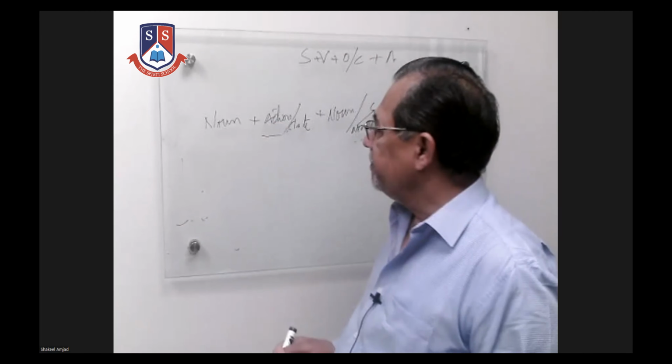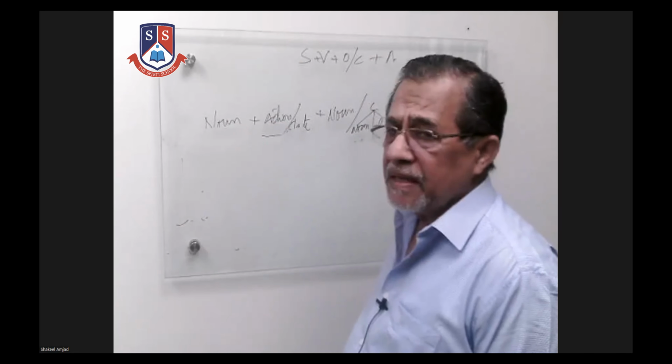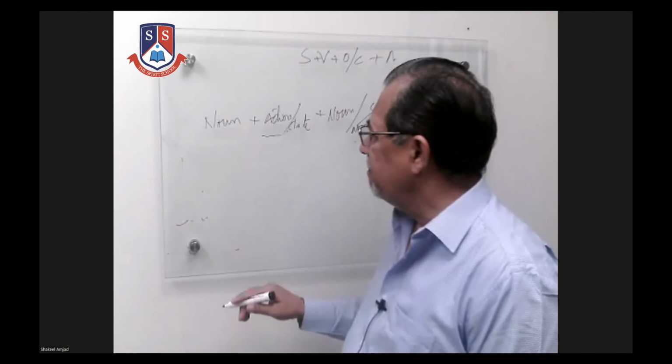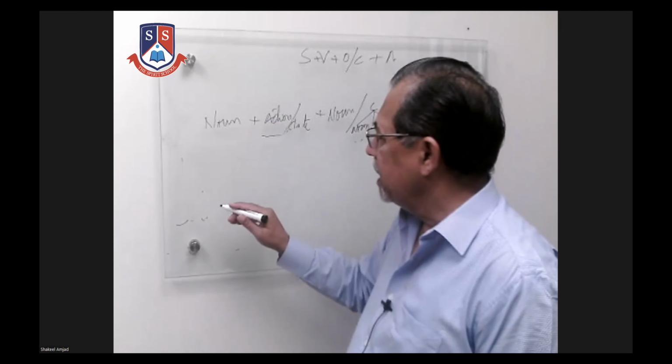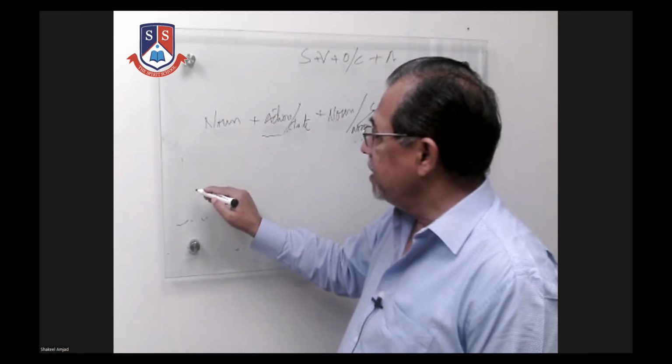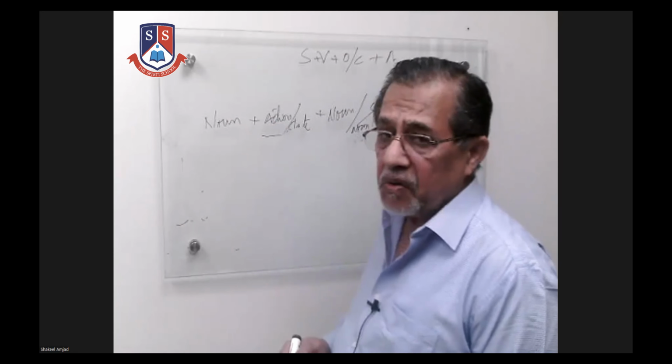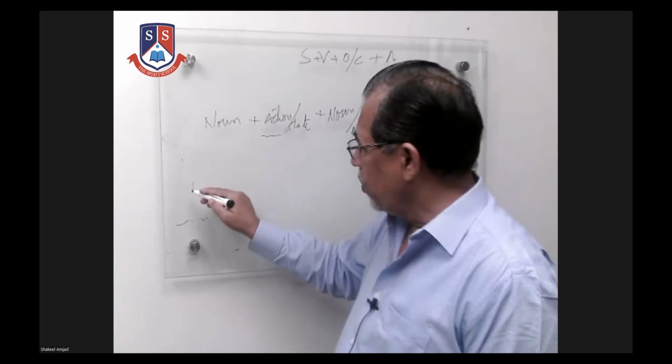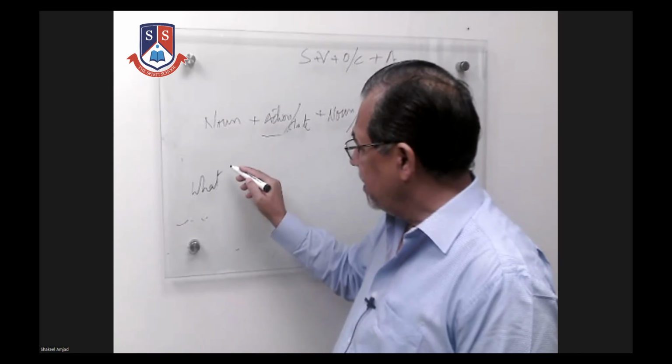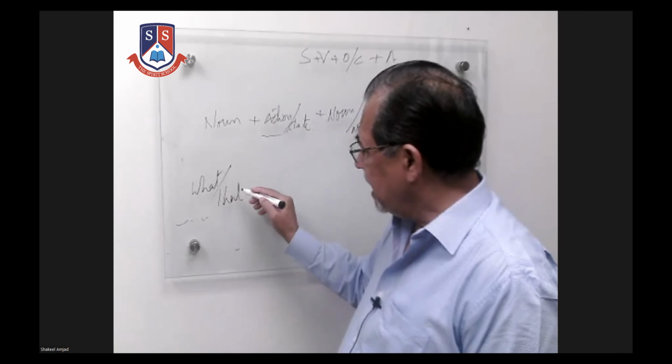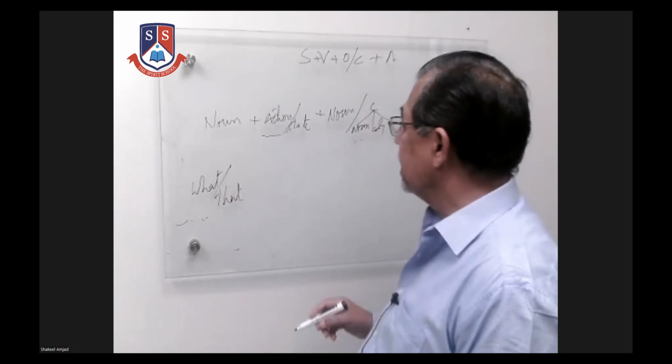For example, a noun clause is introduced with many conjunctions like what, that, and there is a list that you will just see.